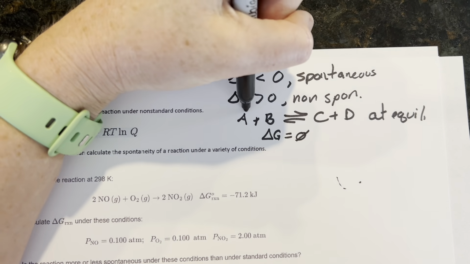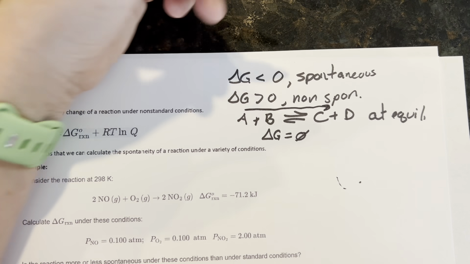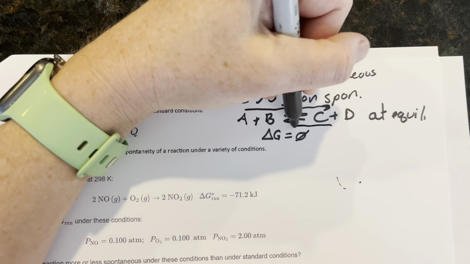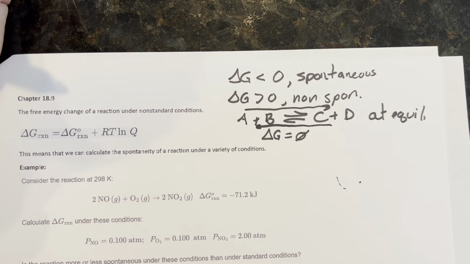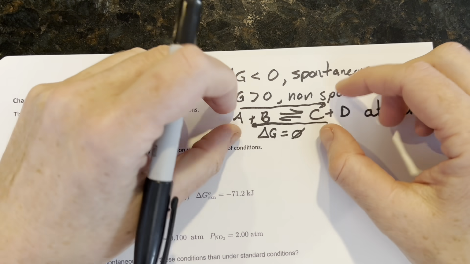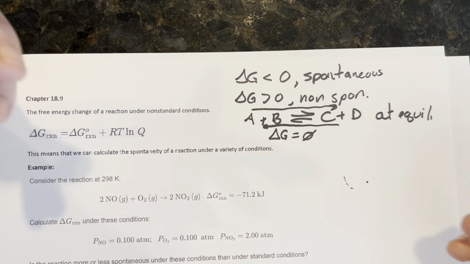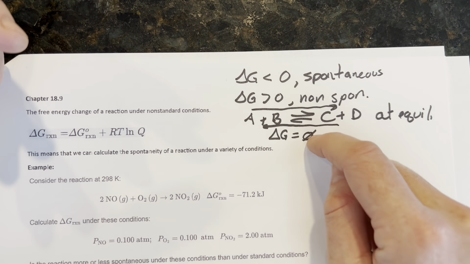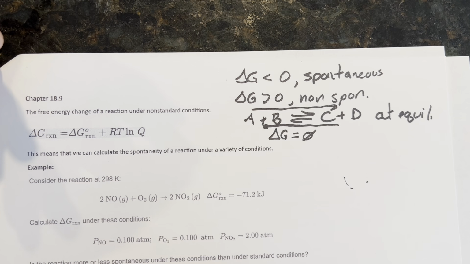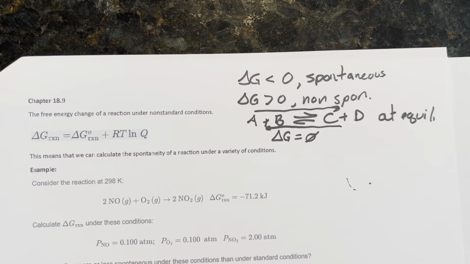Delta G in the forward direction would have to be less than 0, but delta G in the reverse direction would also have to be less than 0. The only time you can have negative delta G's in both directions doesn't happen. So the best compromise is that delta G equals 0. So at equilibrium, delta G is 0. That's just a brief refresher of free energy.